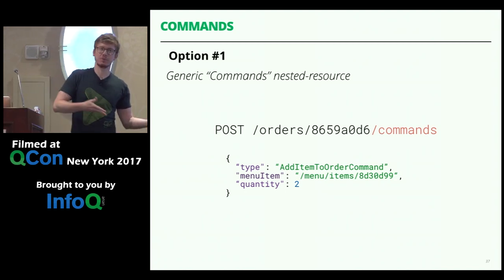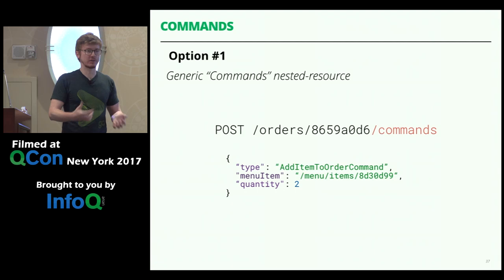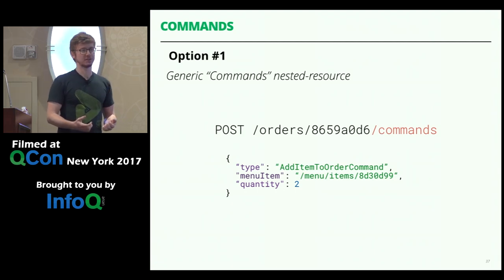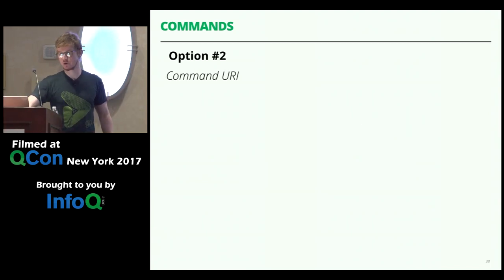That's quite simple to implement in the backend. You just need to define an additional endpoint. But for client applications, it gets tricky because now the clients need to know about all the possible command types they can send to every resource in your system. So we ended up implementing that in a different way.